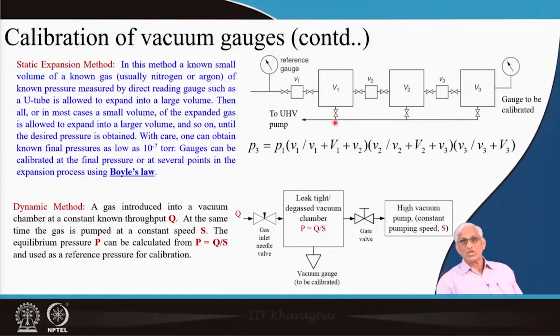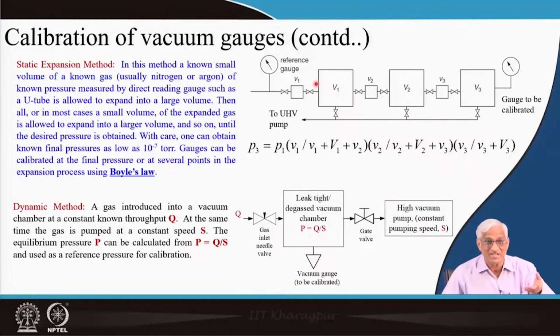So the initial pressure is P1 with volume v1, and the final pressure is P2, which we do not know, but it will be fixed as per the PV equals constant law. We need not measure it; it is going to be a fixed point. That will be P2 into small v1 plus small v2 plus capital V1. So you have static expansion.